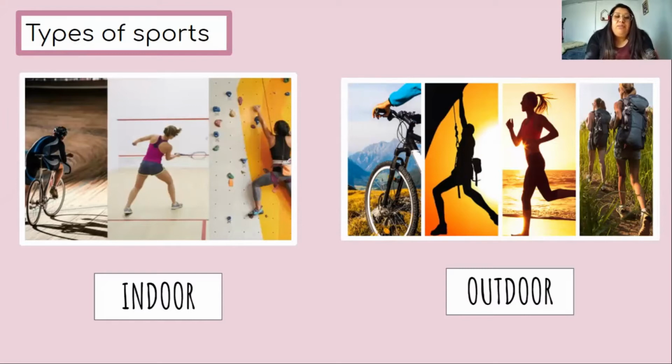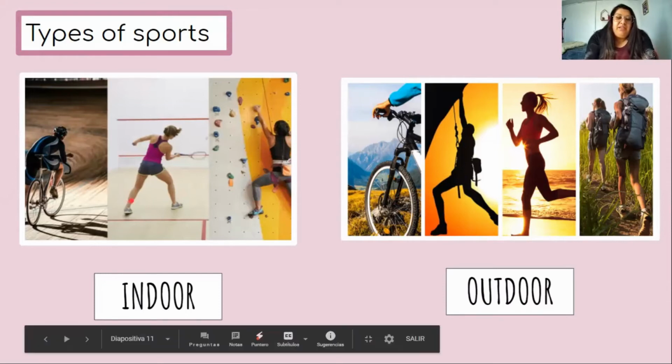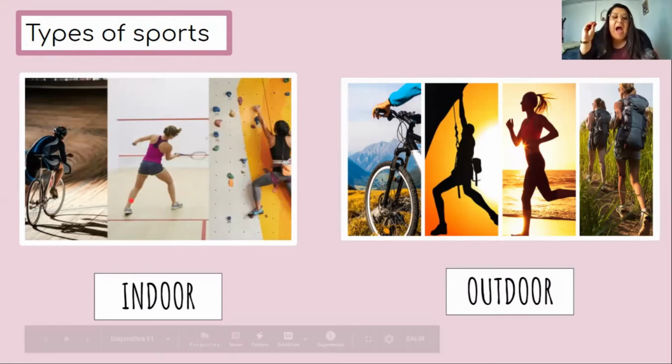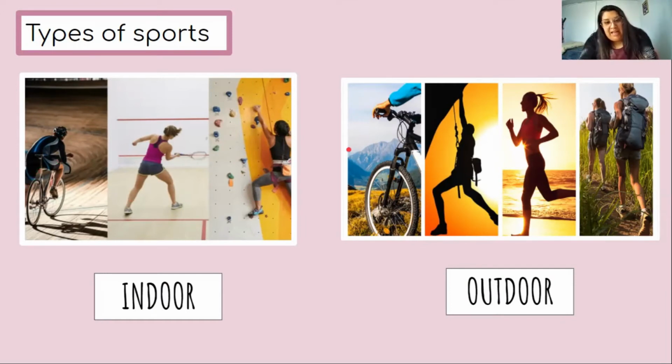Tenemos indoor sports and outdoor sports. Indoor, you do it inside a place. And outdoor, you do it outside. ¿Ya? Tenemos 2 tipos diferentes de deportes. Indoor and outdoor. Puertas adentro, puertas afuera. ¿Ya? So, right there.